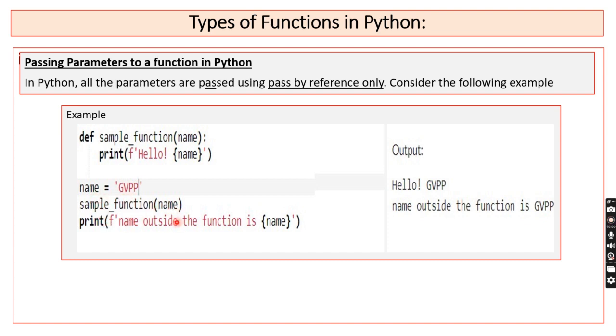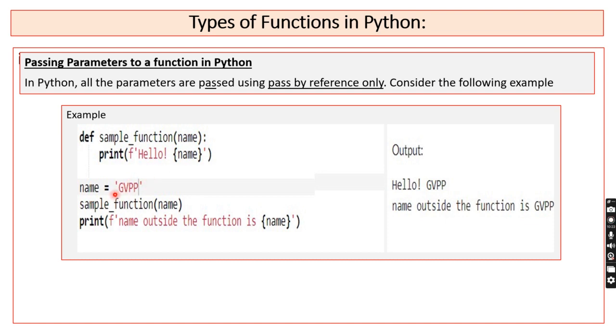Sample function name. Then print name outside the function is name. We are executing this program. We are getting hello GVPP, name outside the function is GVPP. Here hello means this is the statement we are executing. Name means this is the parameter.